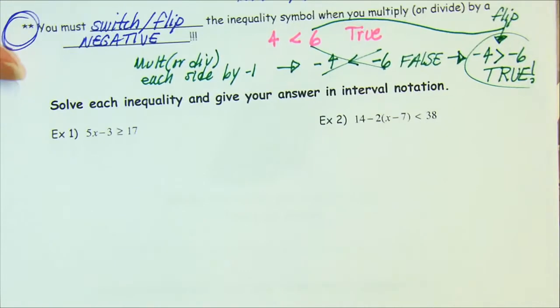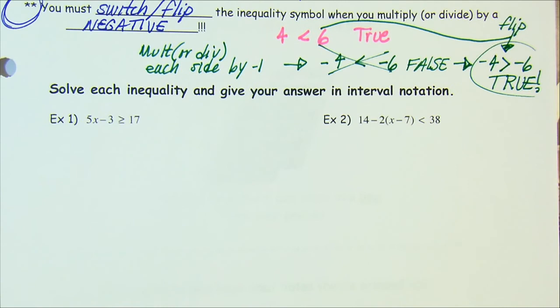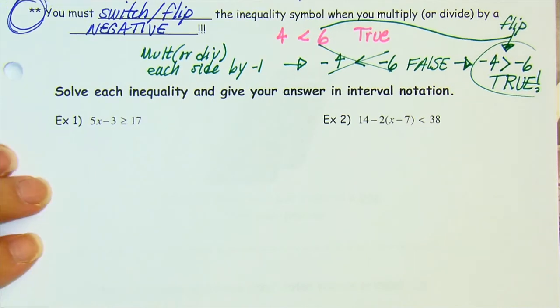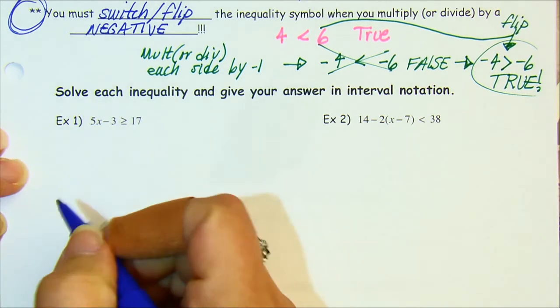All right, on to solving some examples. 5x subtract 3, when is that greater than or equal to 17? Well, folks, we solve these inequalities just like we do equations. We need to isolate the variable x.